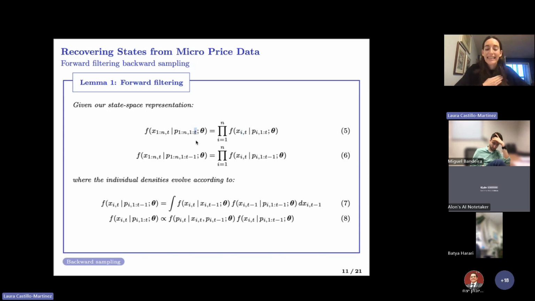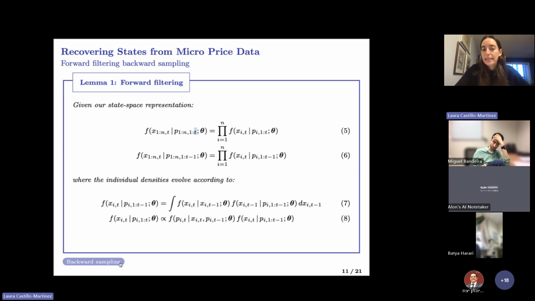If you want to use the entire set of data that you've got available, so data beyond the point where you're updating, you're going to have to incorporate a backward sampling step, which you might want to do or not, depending on the application. I'm happy to talk about this later. It's going to be a very similar problem, and it's also going to factorize in the same way.